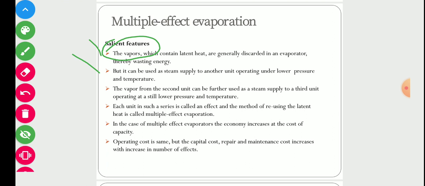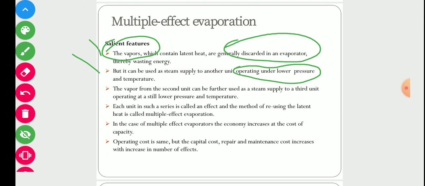So if the pressure is decreased, then the boiling temperature will also be decreased. Because if the second unit also operates at the same pressure as the first, the vapor generated from the first unit does not have sufficient energy to vaporize the solution. So in the subsequent unit we decrease the pressure, so that the boiling temperature also decreases, and we can utilize this vapor as a heating medium in the second unit.